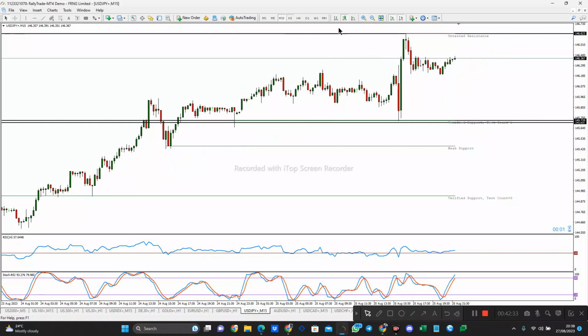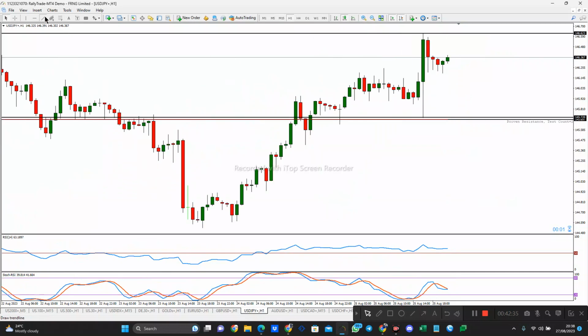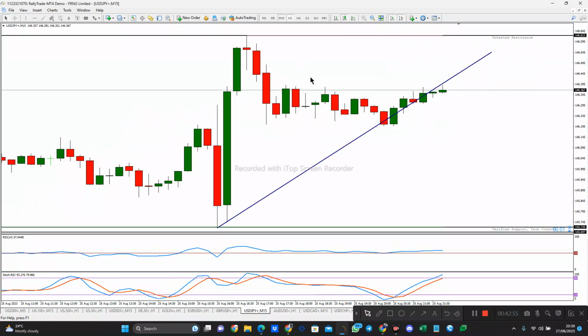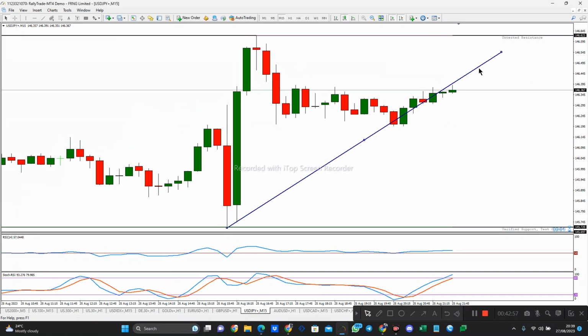So I'm linking this low with this current low here, this low with a higher low. That's what I'm trying to do. Just adjust it a bit. Exactly.